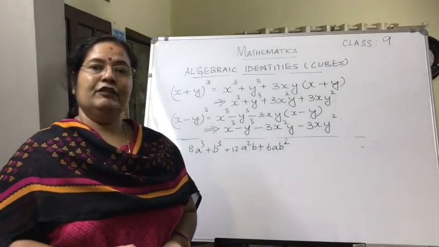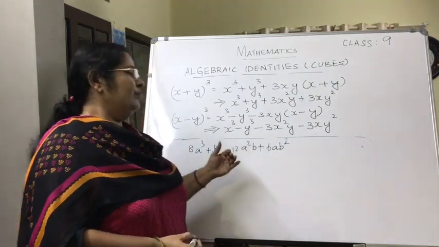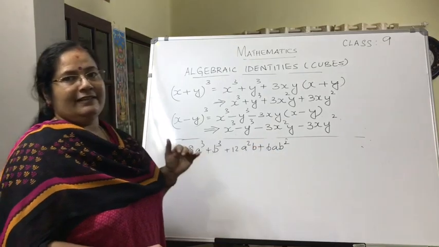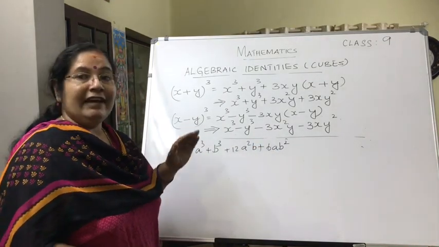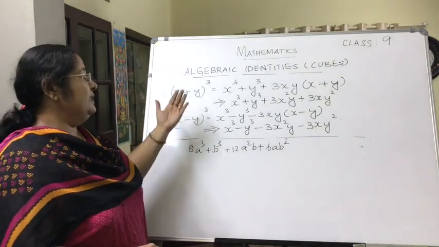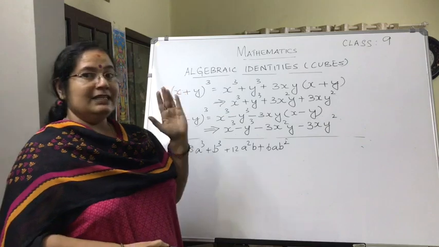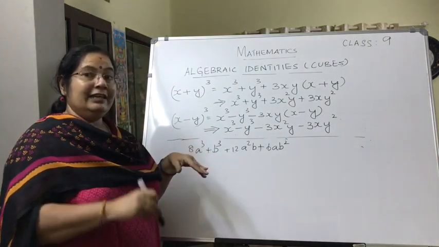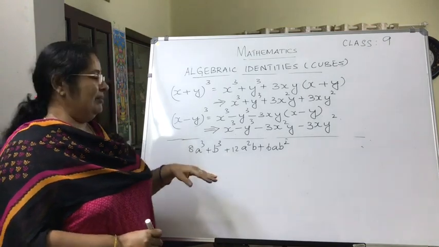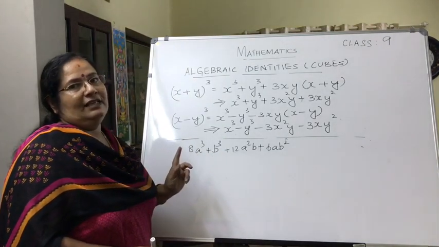Now, like the squares identity we have used, here also we can factorize. You are given an expression like this and asked to factorize it using the identities of cubes we have learned. Like the squares identity we used for factorizing expressions where squares are coming, here you will look into the first two terms.